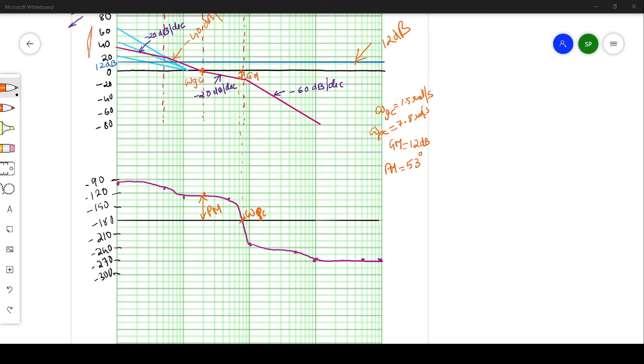In that case, assuming k is equal to 1, draw the Bode plot, and then shift the Bode plot according to the phase crossover frequency or gain crossover frequency given in the question. In a similar way you can easily draw the Bode plot and find the value of k. I hope it is understood.